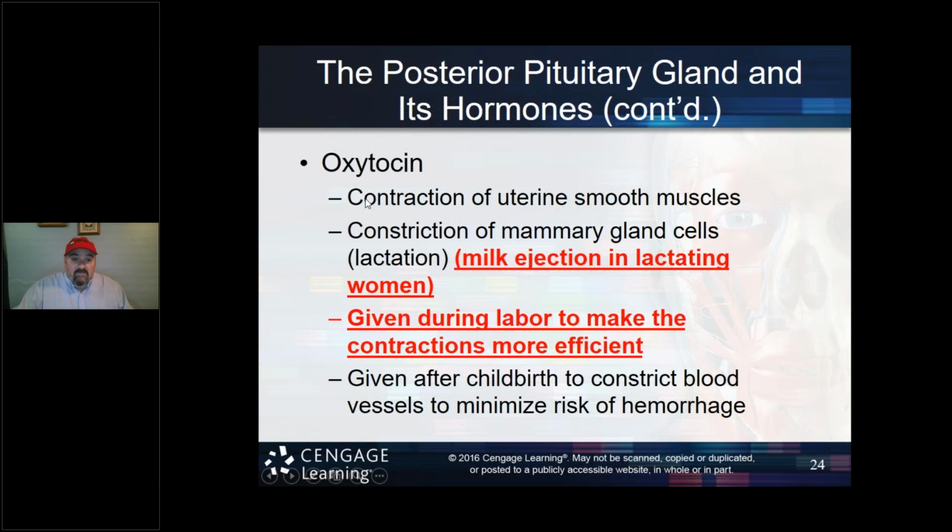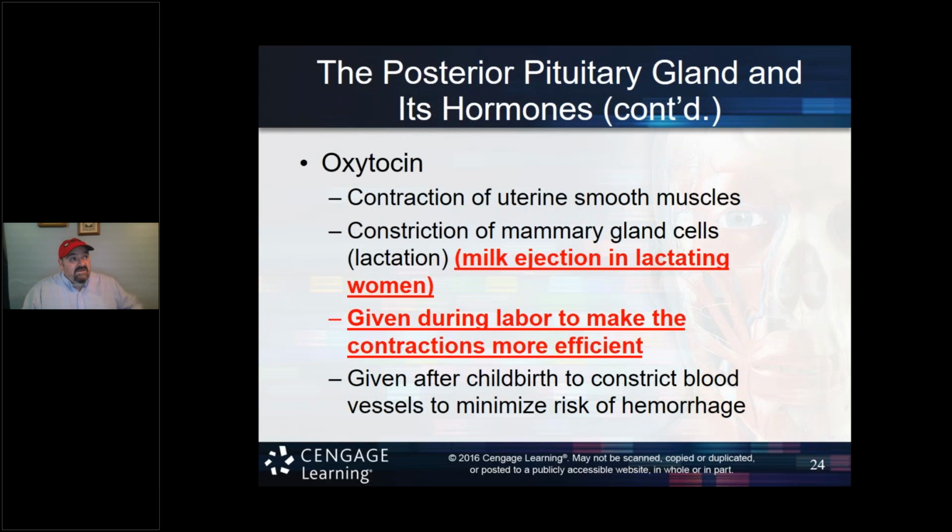Okay? Know that the release of oxytocin for a woman who is going to be giving birth would be maintained via positive feedback, because once the head of the child is pushing up against the cervix, the more pressure that's put against the cervix, the stimulation will go back to the brain, and in particular to the hypothalamus.